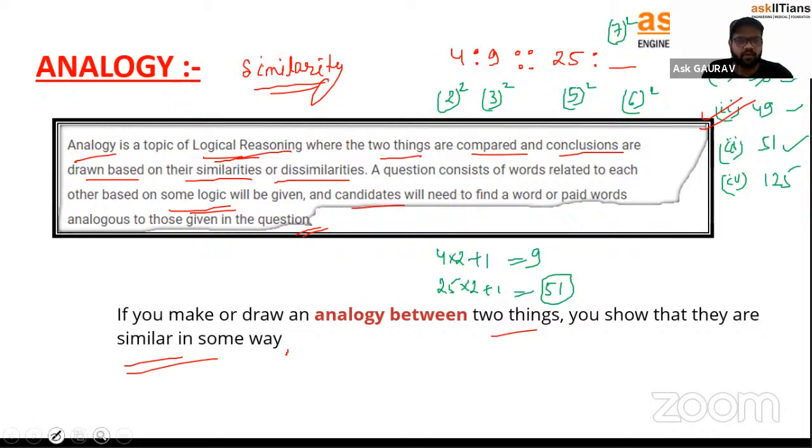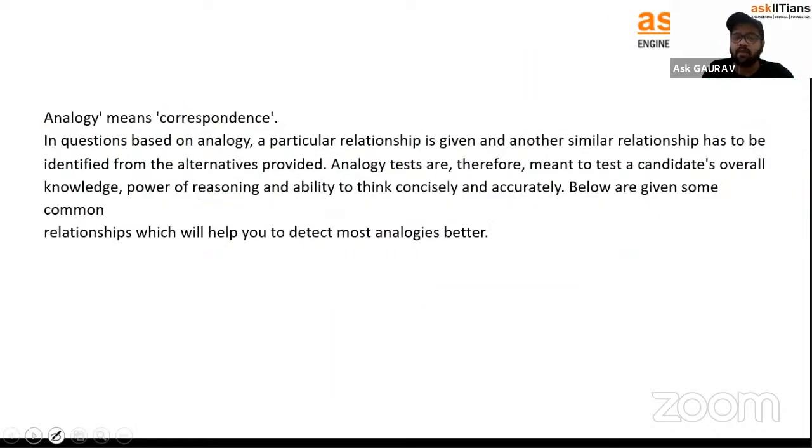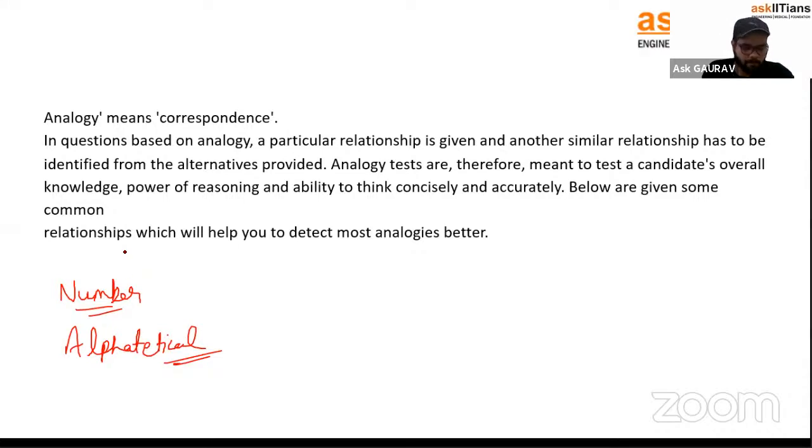It can be a number analogy where we have to deal with numbers, and it can be an alphabetical analogy where we have to deal with letters and words, with some patterns on that. So, basically analogy means correspondence.